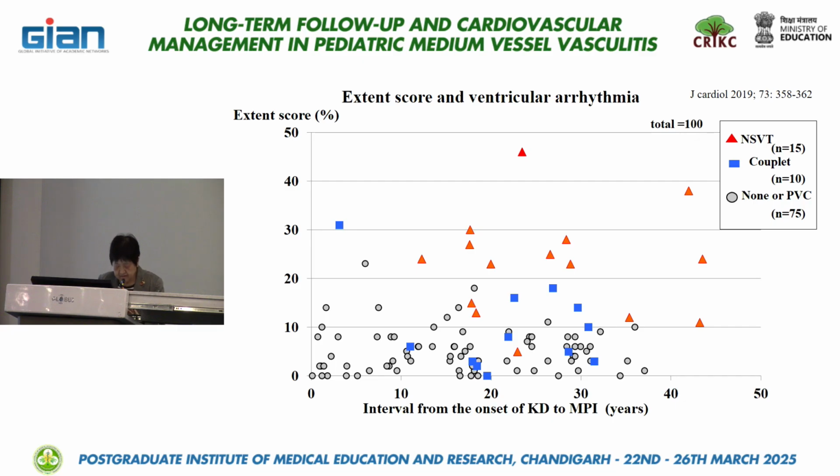In this slide, the relationship between the extent score and ventricular arrhythmia is shown. The vertical axis indicates the extent score, and the horizontal axis indicates the interval from the onset of KD to MPI.